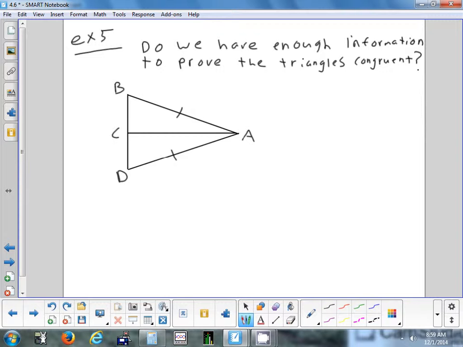Line BA and, go ahead. Segment BA, and which other segment? DA. Okay. So that's given. We've got a side. Anything else that's congruent?